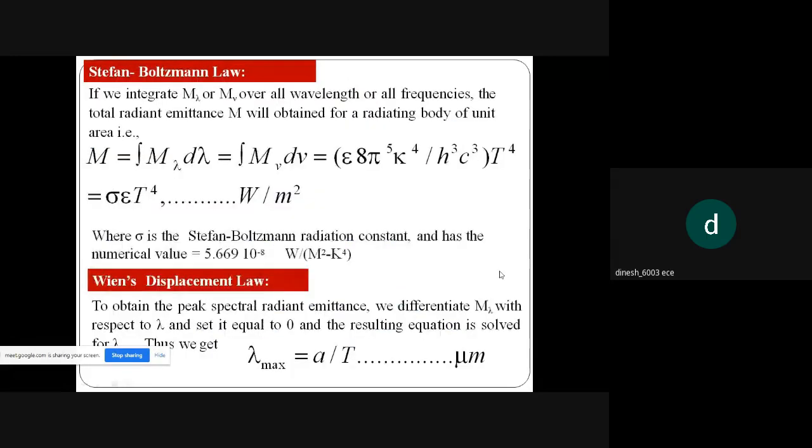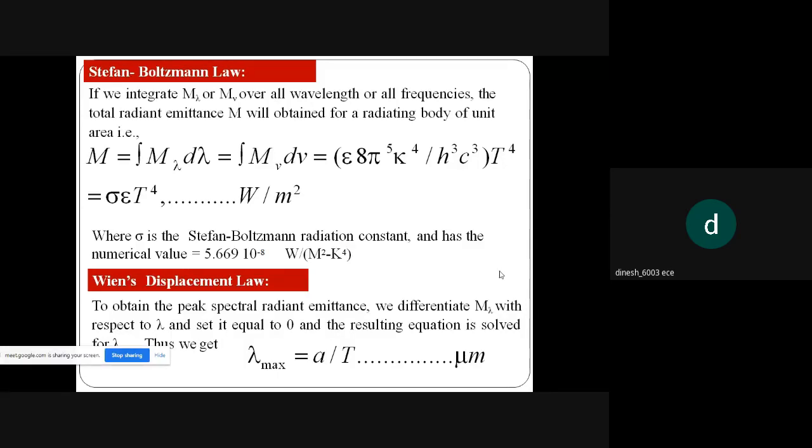Apart from Planck's constant, we need to see the Stefan-Boltzmann law. If you integrate M lambda or M nu over all wavelengths or all frequencies, you obtain the total radiant emittance M for a radiating body of unit area.